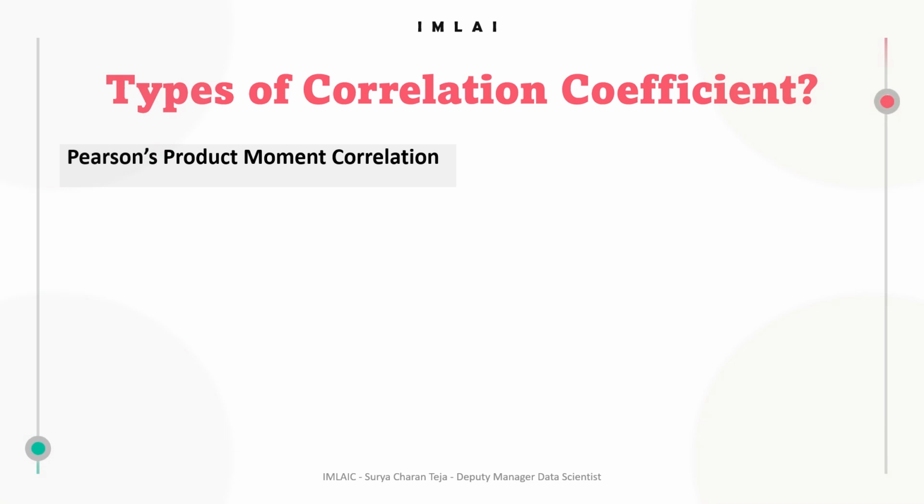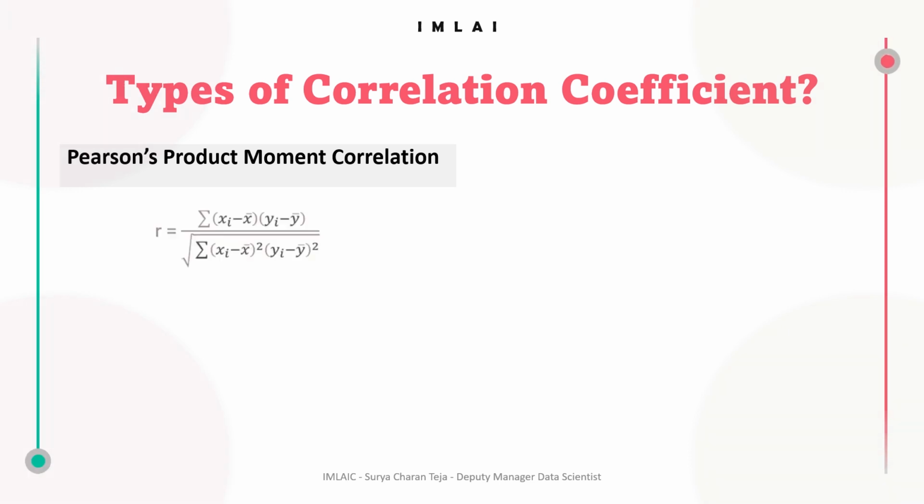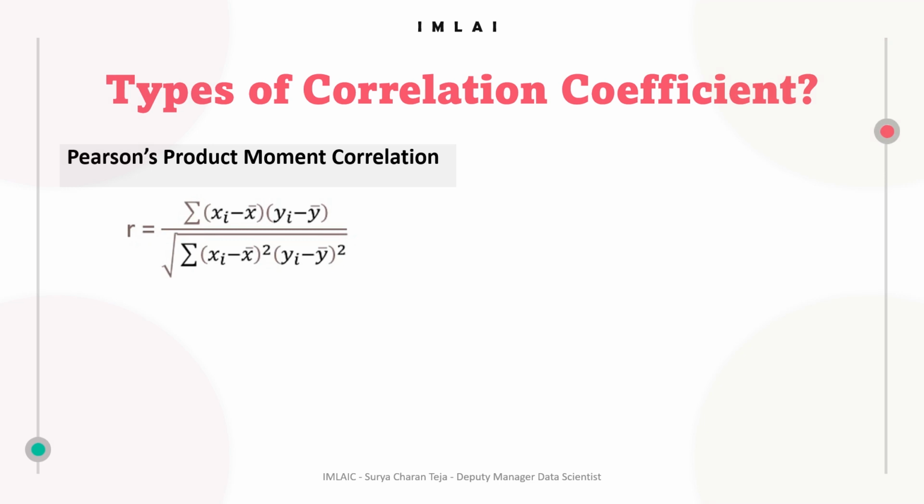Again, I'm repeating the Pearson's product moment correlation. The Pearson correlation coefficient is defined in statistics as the measurement of the strength of the relationship between two variables and their association. The correlation coefficient can be calculated using this formula, and we denote this as R. We will have two variables because we want to know the correlation between the two variables.